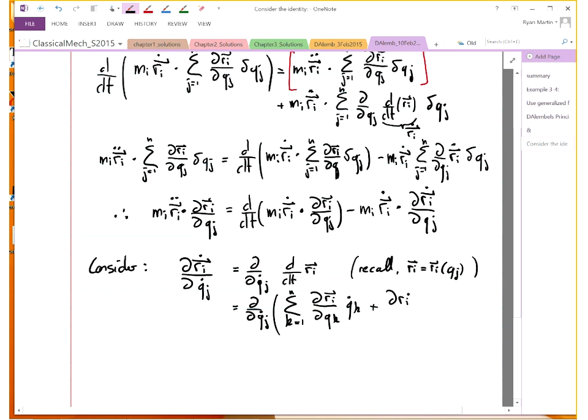And then plus, at the end of the sum, we have a ∂r_i vector by ∂t. All I've done from one line to the next is expand d/dt of r_i vector. We did that in the first lecture, where r depends on multiple functions of time and time itself. When you do d/dt, you get two terms. One is the sum of the partial derivatives with respect to all of the coordinates times the generalized velocities, and then plus a term at the end of ∂r/∂t, in case r depends explicitly on t.